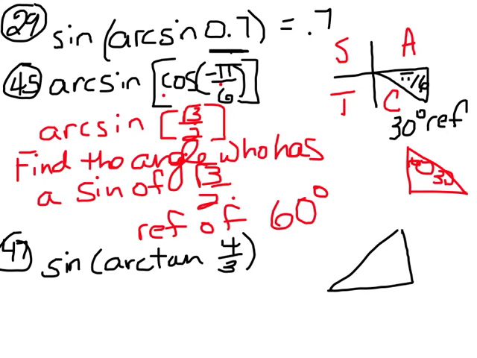What it's really telling me is here's the angle, and I'm trying to find the angle whose tangent is 4/3. So how could I use SOHCAHTOA to help me label this triangle? Whatever your tangent is. Yeah, tangent is opposite over adjacent, isn't it? So that means the side opposite this little angle is 4, and the side adjacent to it is 3.